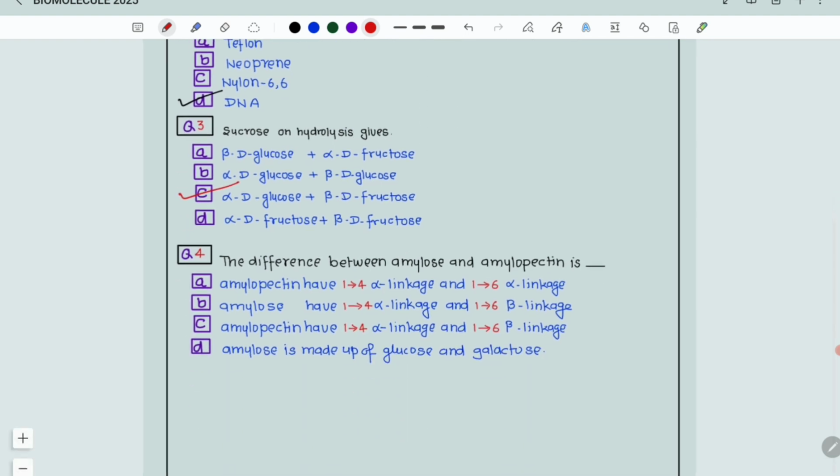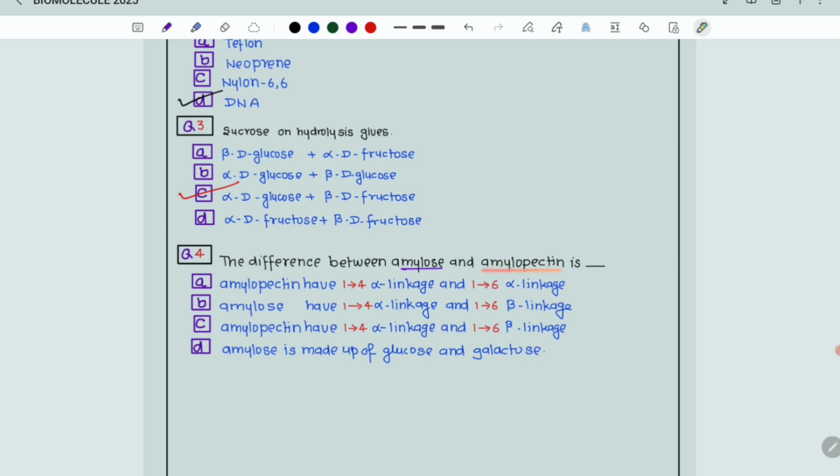Now, the fourth question. In this question, the difference between amylose and amylopectin is asked. Amylose and amylopectin are parts of starch, and in starch there are two units: one is amylose and the second one is amylopectin.